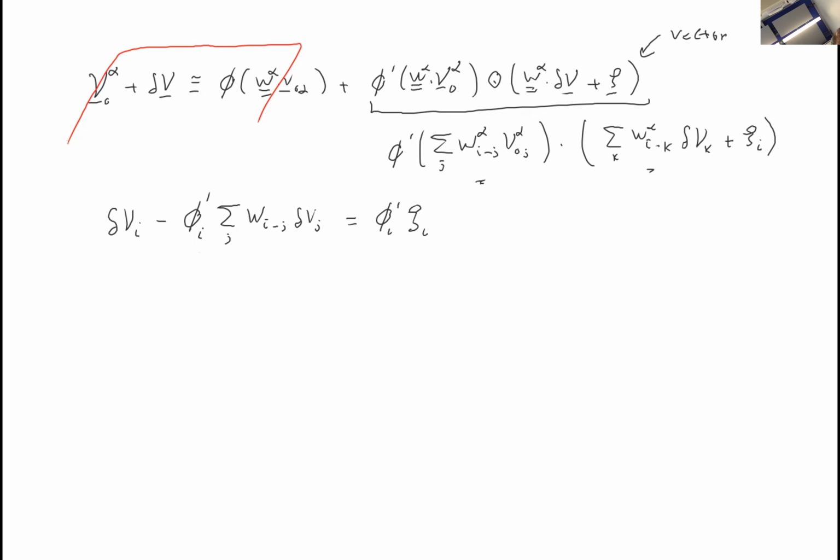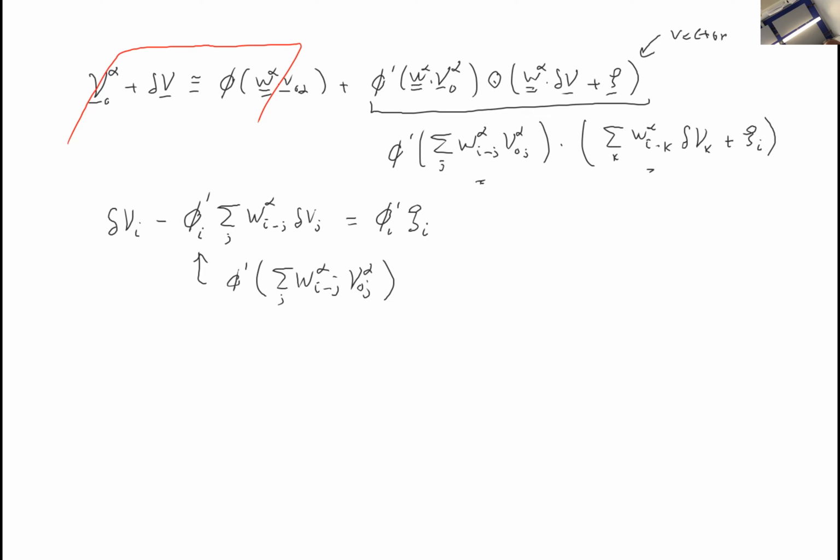And phi i prime is just phi prime evaluated at the sum on j of w i minus j alpha nu 0 j alpha. Okay, so that's what phi prime is.